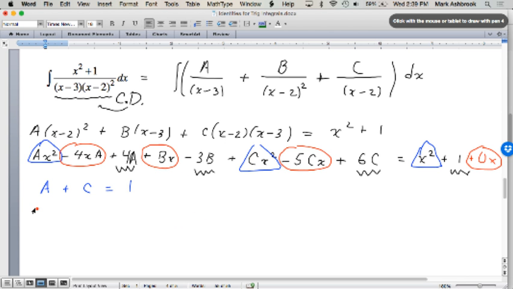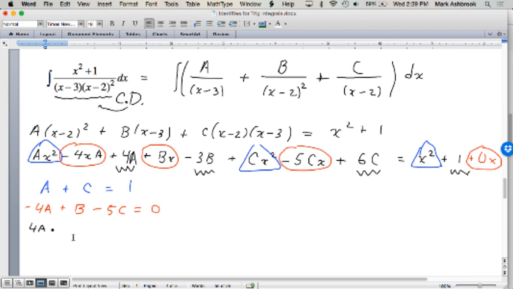So minus 4a plus b minus 5c equals 0, right? And then my constants are 4a minus 3b plus 6c equals 1. Also 1.